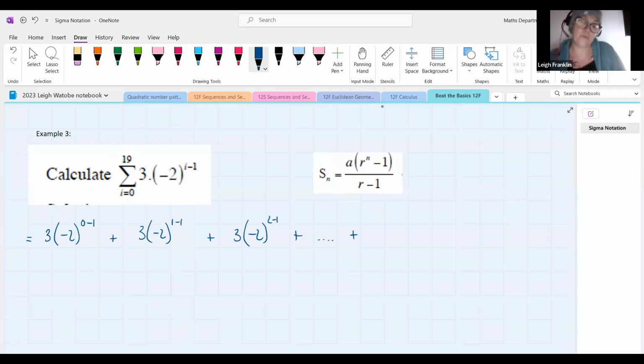And for argument's sake, we could also create the last term in this pattern, and that would be created by subbing in 19.